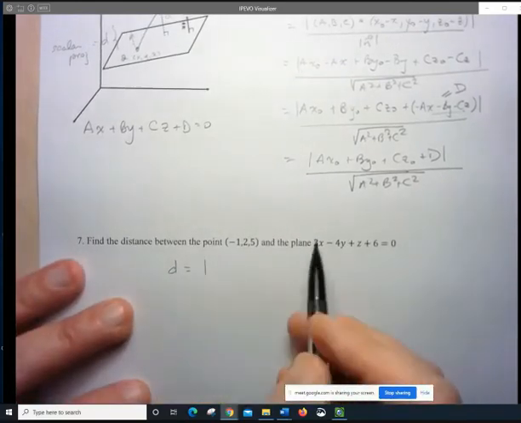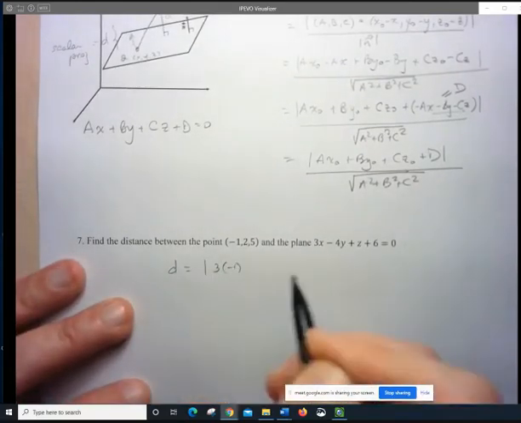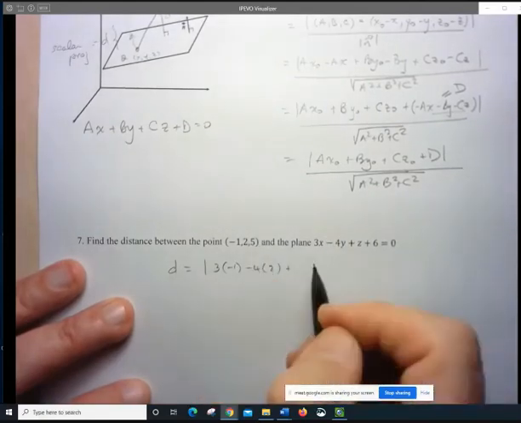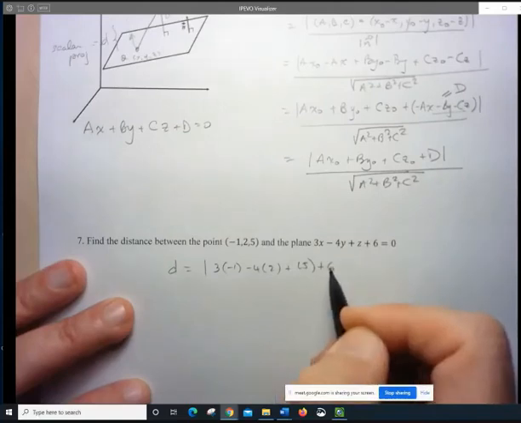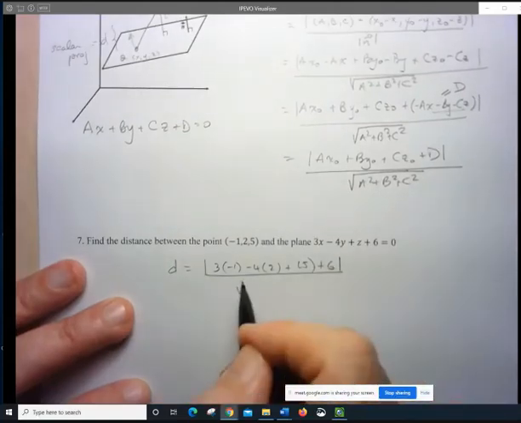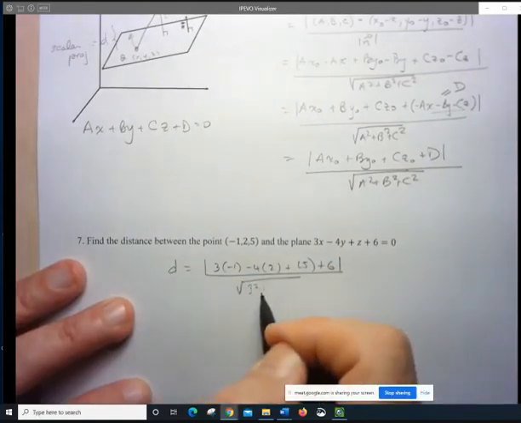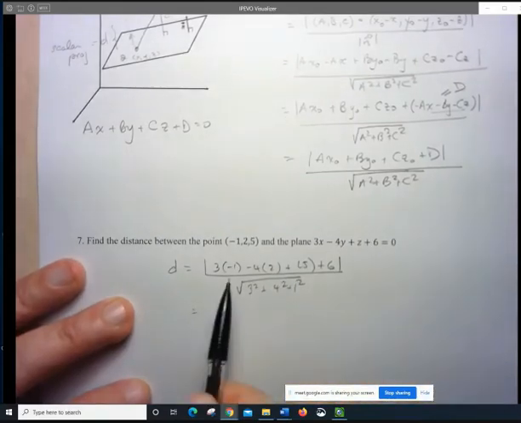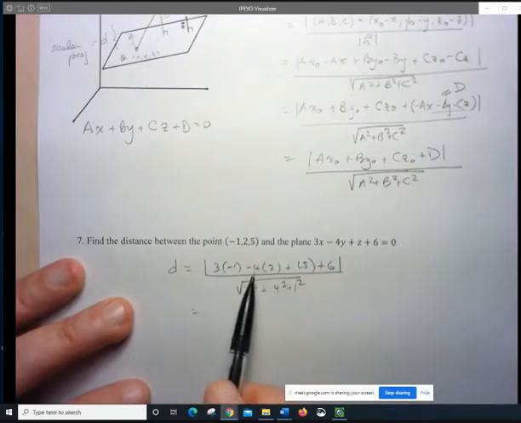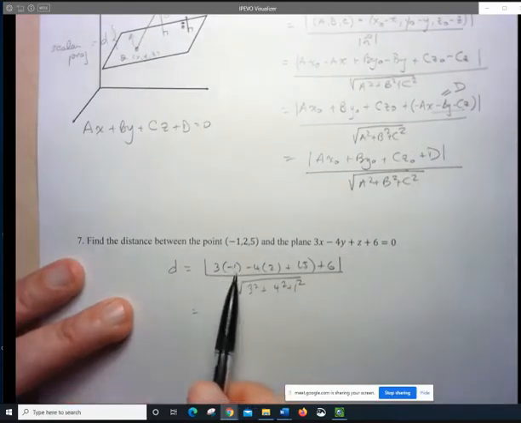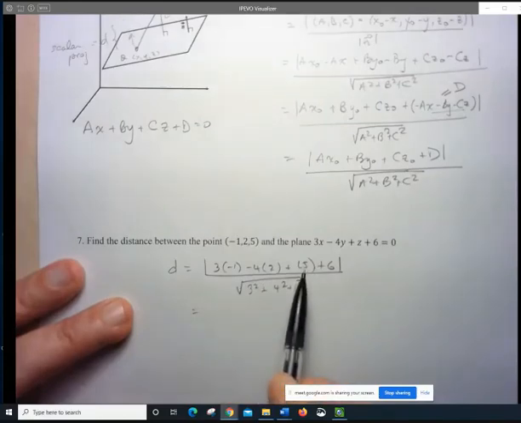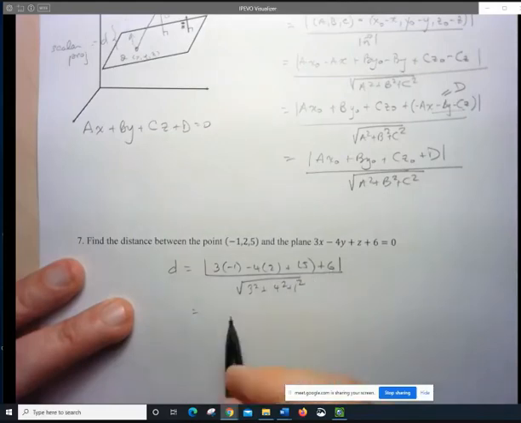So what do we have? We have 3 times -1 minus 4 times 2 plus 1 times 5, plus 6, which is our d value, all over the square root of 3 squared plus 4 squared plus 1 squared. So what do we have? We have -3 minus 8 is -11, plus 5 is -6, plus 6 is 0.